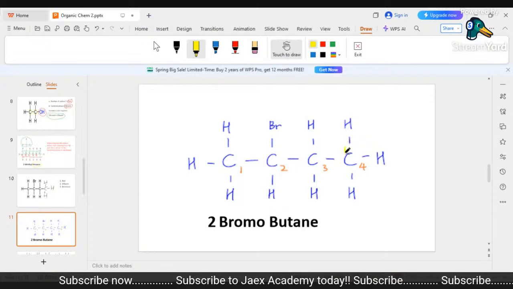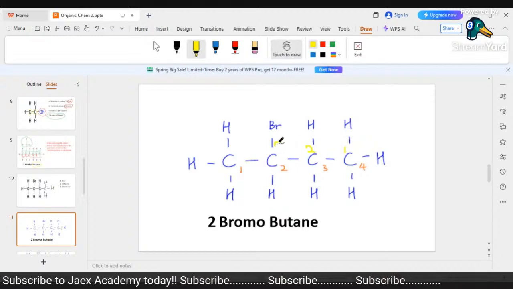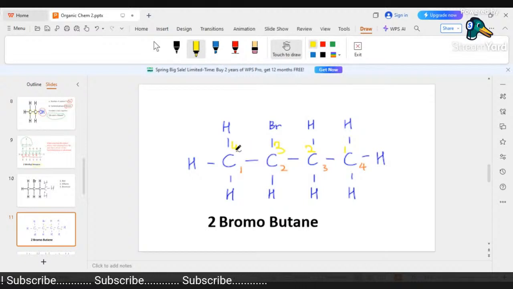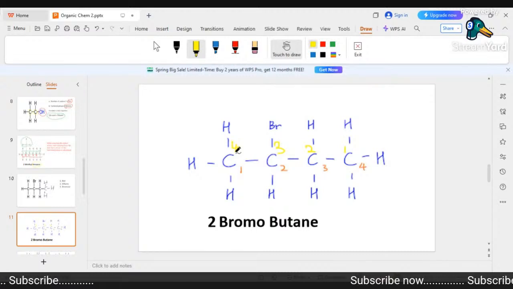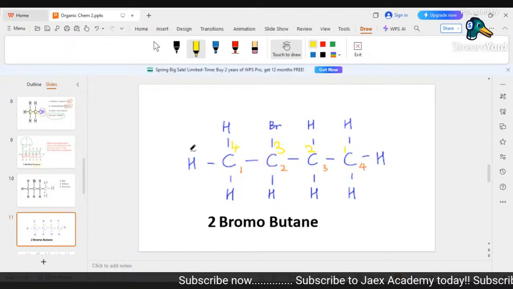We have 1, 2, 3, and 4. Now we want to pick the smallest. The smallest is always position 2 because smallest is closest.